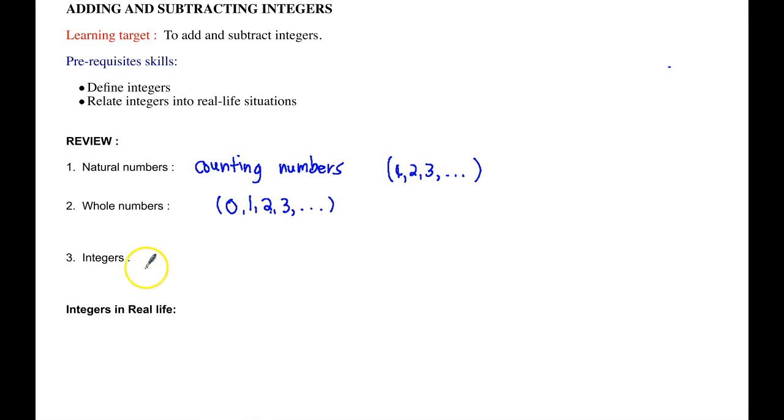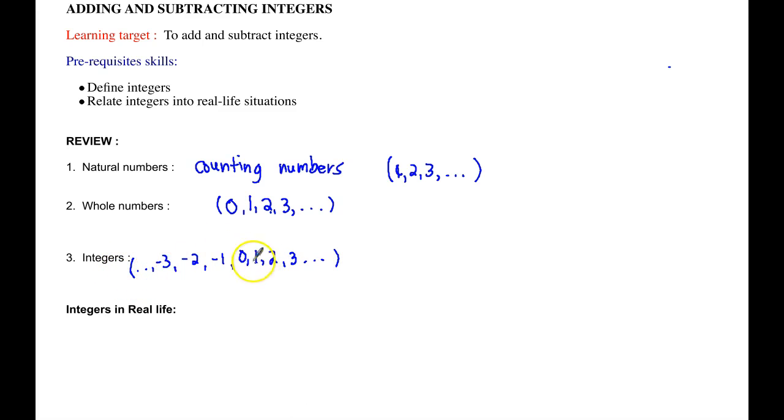The next set of numbers are integers. So say you have your whole numbers, you have 0, 1, 2, 3, and so on. When you add the negatives of your counting numbers, so you have -1, -2, -3, this goes on forever here and goes on forever here, you now have the set of integers.